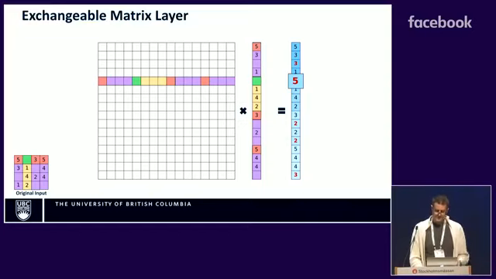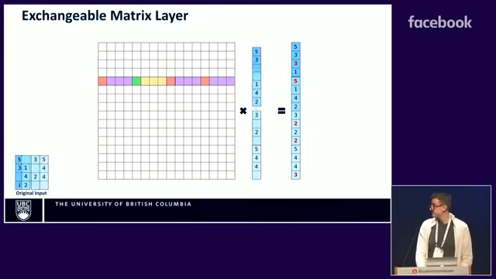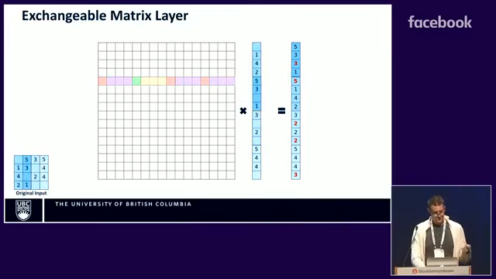So now, let's suppose instead that the first two columns of our input had been swapped. So we expect that the output matrix will experience the same permutation. And now this output value is the result of the dot product of the shuffled input and this row of our matrix.